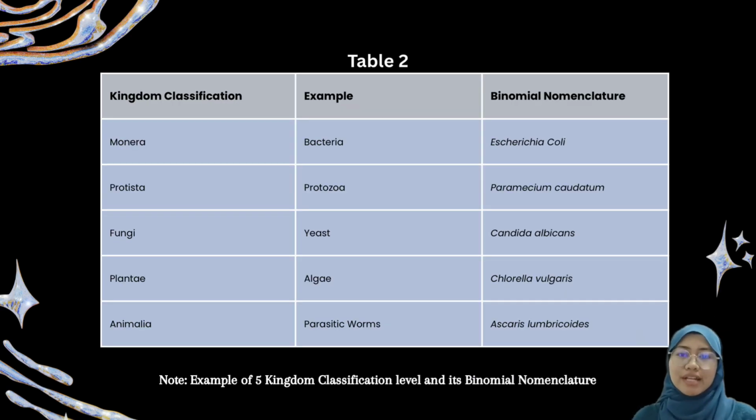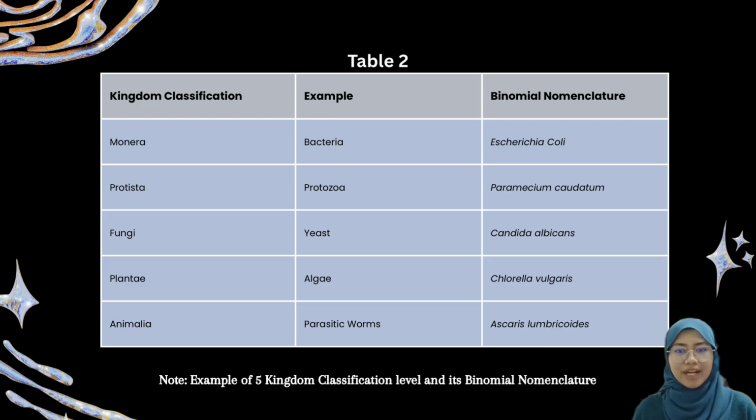To give a clearer understanding, here's a comparison of different organisms from all 5 kingdoms along with their specific name. The first kingdom is Monera, example organism bacteria, and binomial nomenclature is Escherichia coli. The second one is Protista, example protozoa, binomial nomenclature Paramecium caudatum.